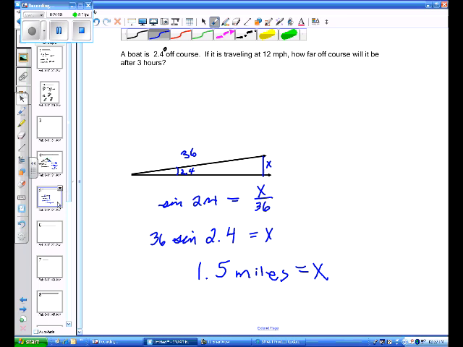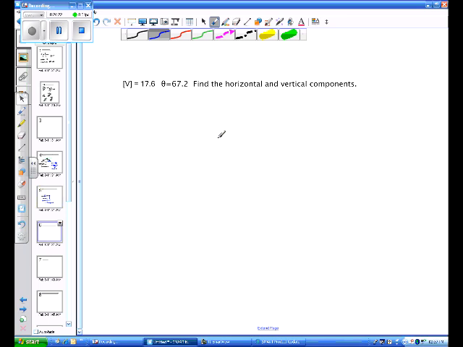Okay, let's look at this. We're just going to talk about a vector and its horizontal and vertical components. So here we have a vector that has a magnitude of 17.6, and it has a direction, its angle of 67.2 degrees with the horizontal.